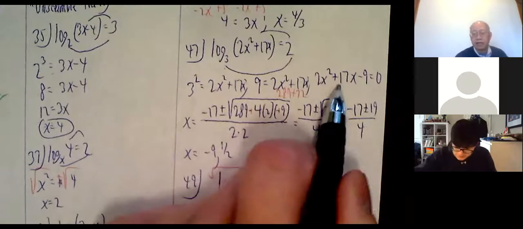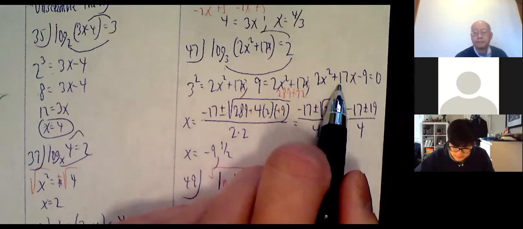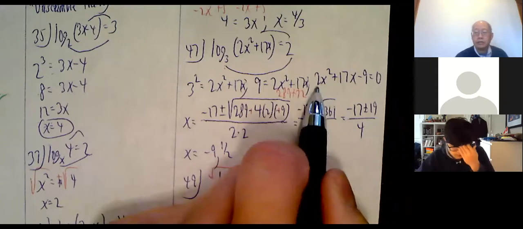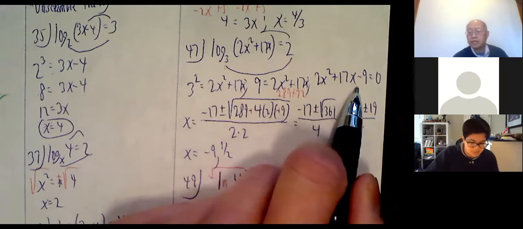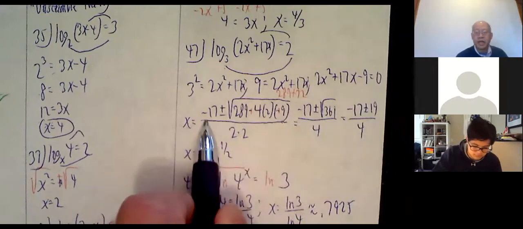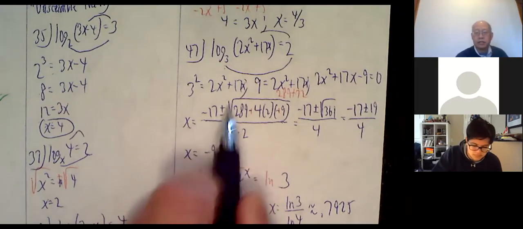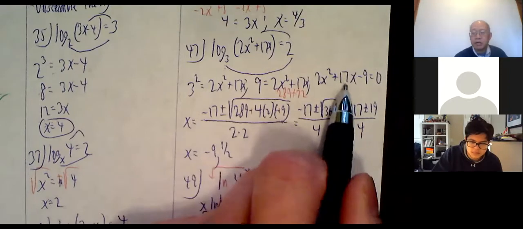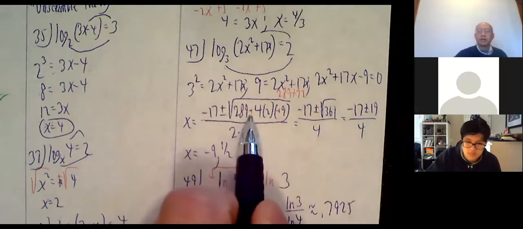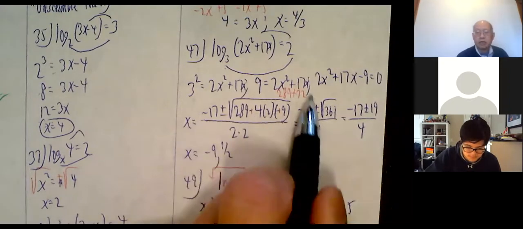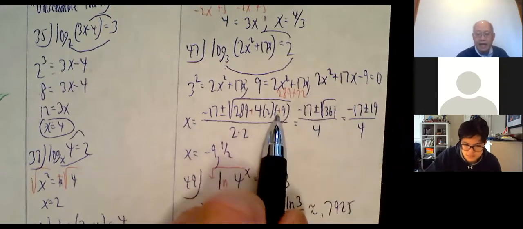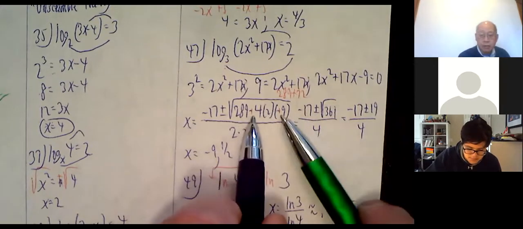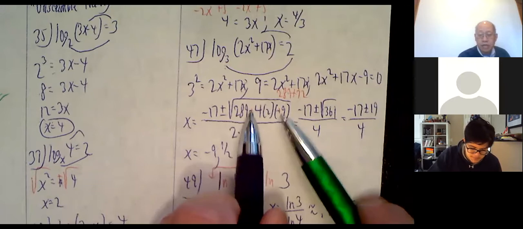I didn't feel like factoring it, so I use the quadratic formula. A is 2, B is 17, C is negative 9. So x is negative b plus or minus the square root of b squared. 17 squared is 289, minus 4ac, 4 times 2 times negative 9. That gives me a double negative, so it makes it positive.